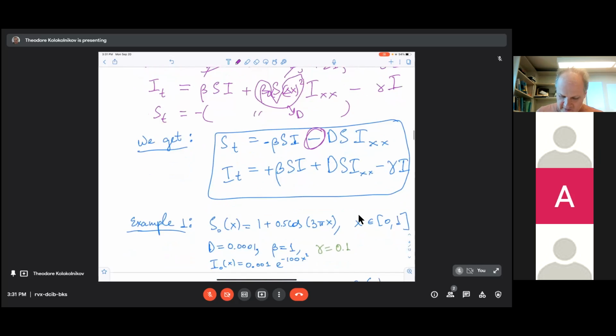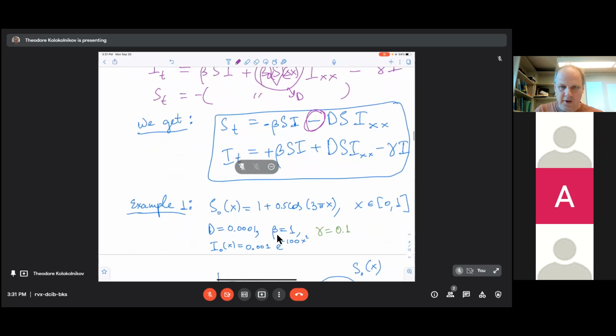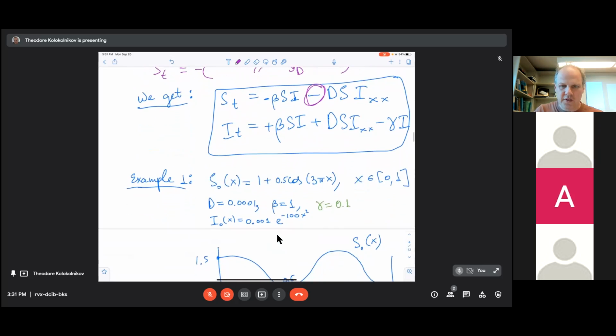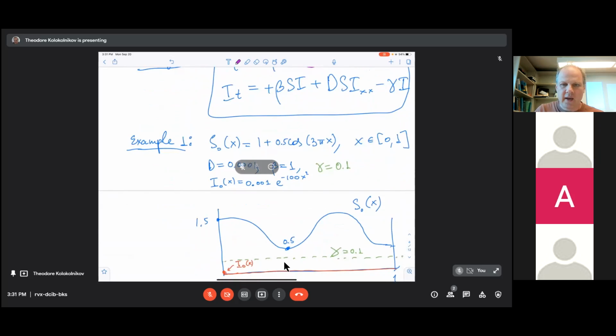So let's have a look at an example to see how this works. Here I just make up some function, this S0, which looks like this. Then there is the gamma, and I take beta equal to 1. Gamma is below this graph, so as long as it's below, the disease is not being suppressed.